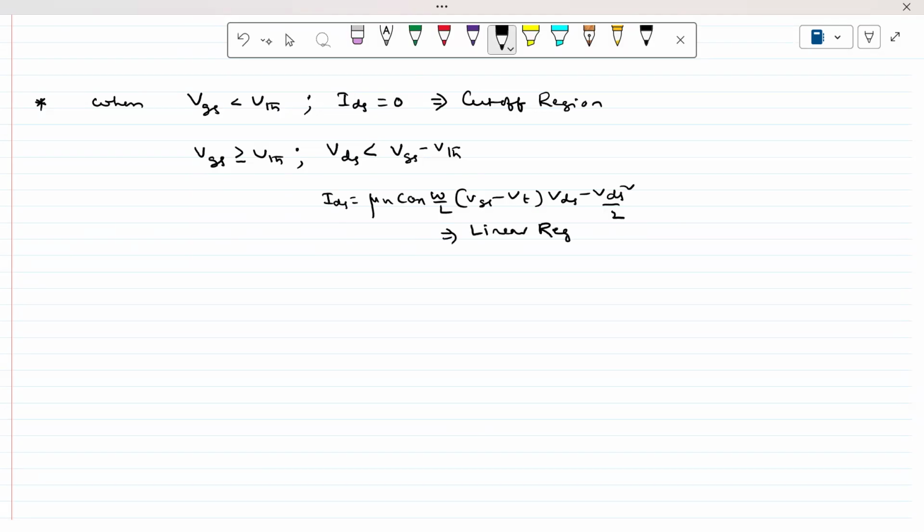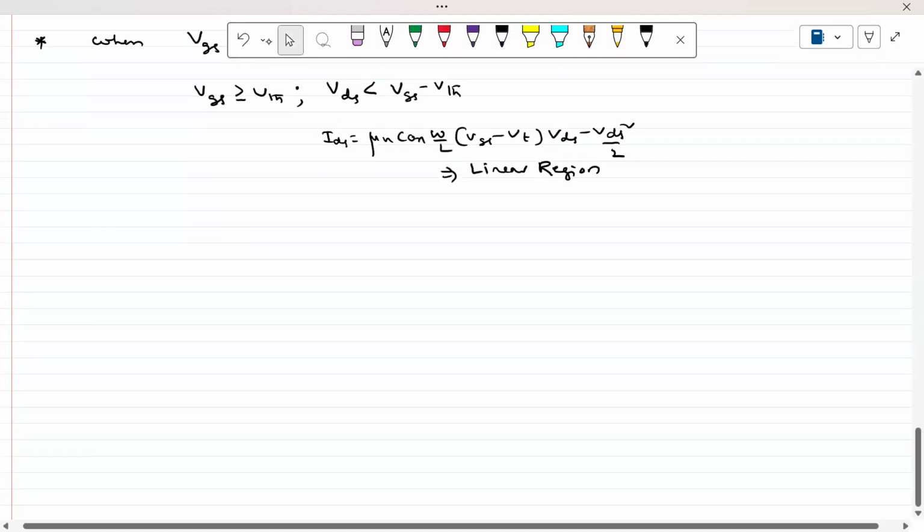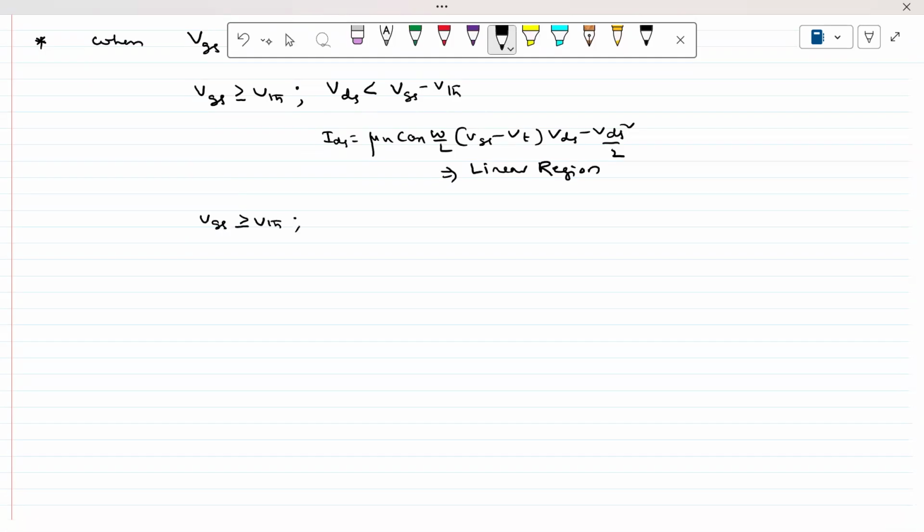It is mandatory that VGS must be greater than or equal to VTH. And when VDS is greater than or equal to VGS minus VTH, IDS is equal to half mu n Cox W by L into (VGS minus VTH) whole square. This is called the saturation region.